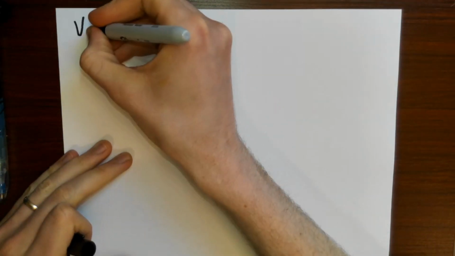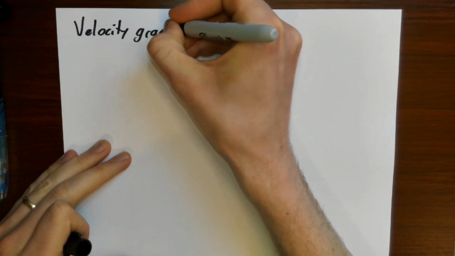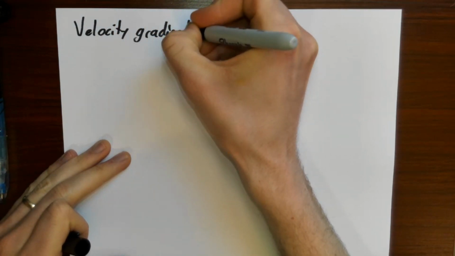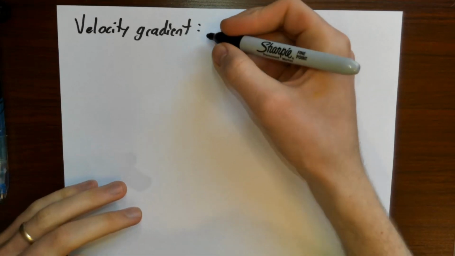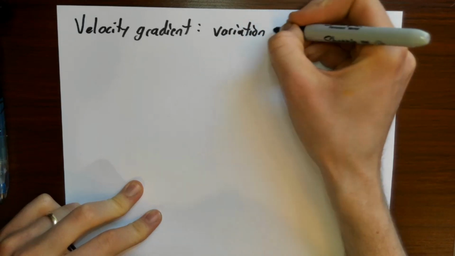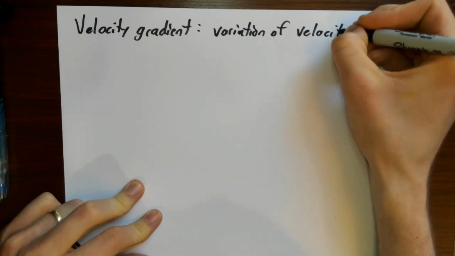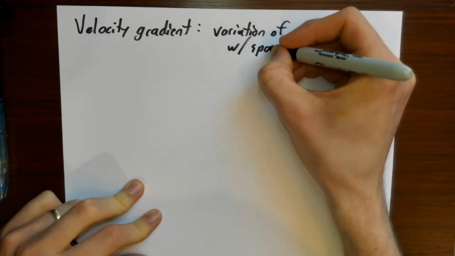So, let's do a quick recap of the velocity gradient, which essentially describes the variation of velocity with space.